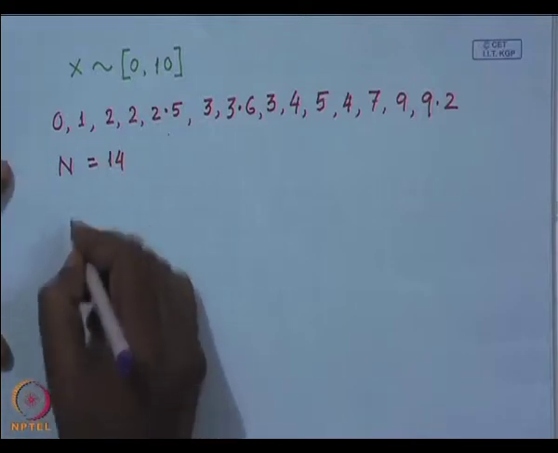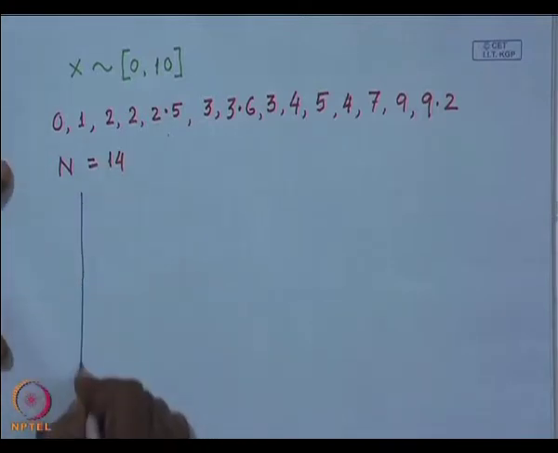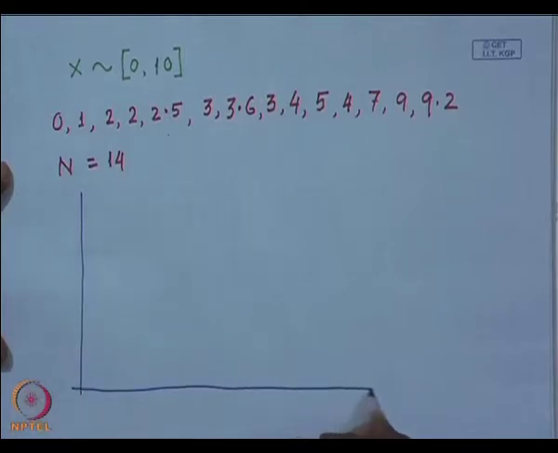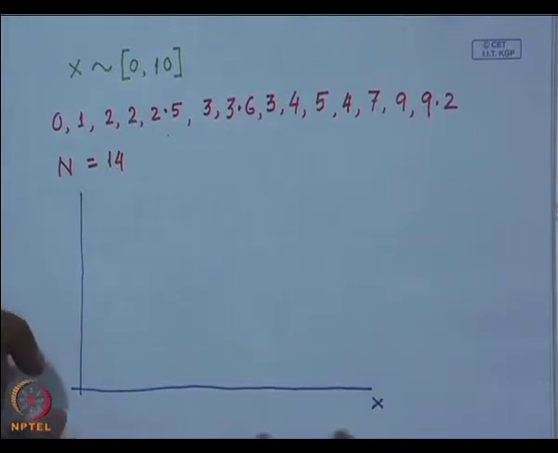So, for that, as we have said earlier, I will plot this x, and let us assume that the range of x between 0 to 10 will be divided into a number of cells, every cell of equal width, and we start with a cell width equal to 2.